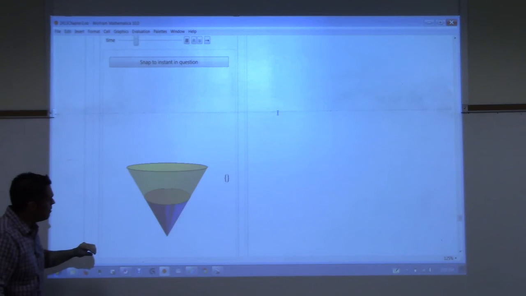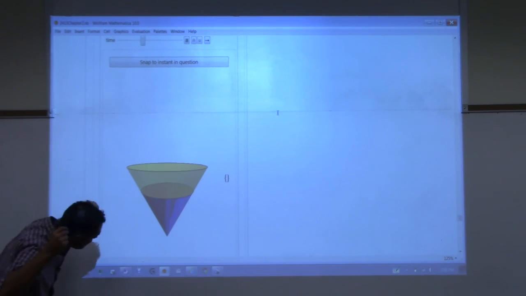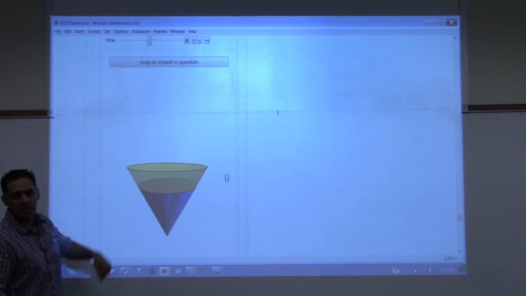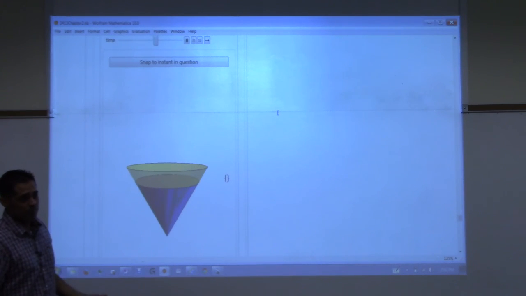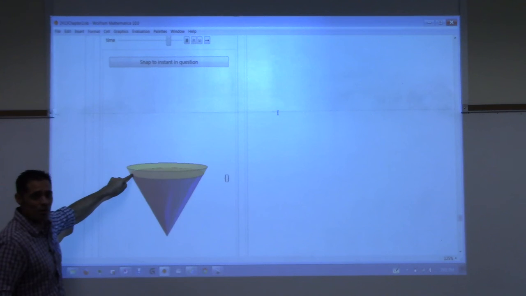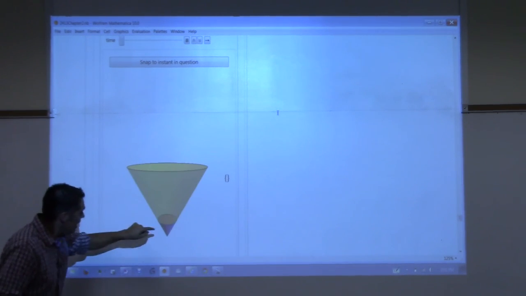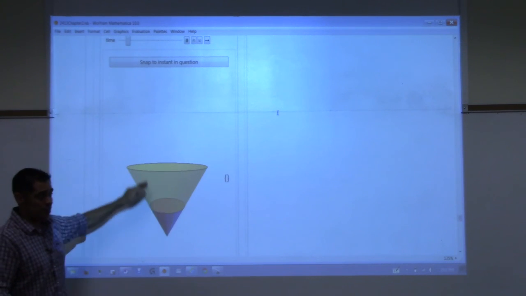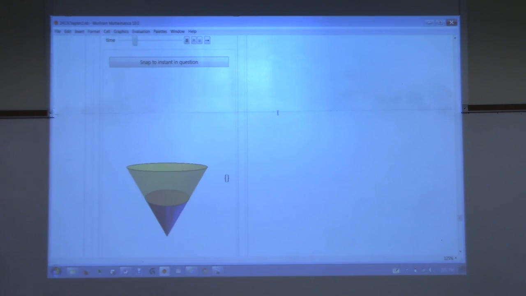So the question would be, at exactly some instant, let's say right there, how fast is it coming up? Slow up here, right? The further up you go, the slower it gets. But right there, how fast was it moving? A lot faster than up here. And that's what you would be able to answer in that calculus class. How quickly is it moving up?